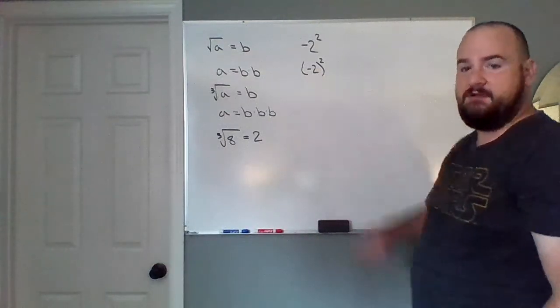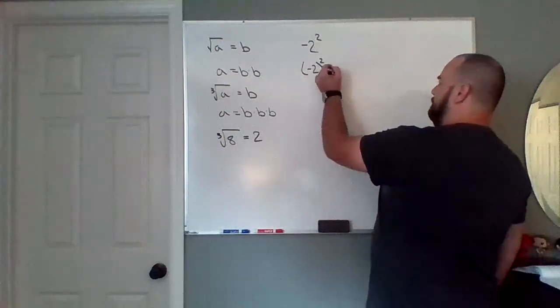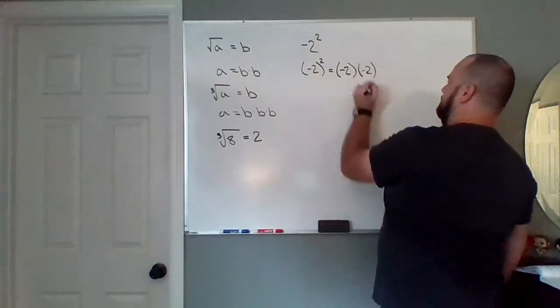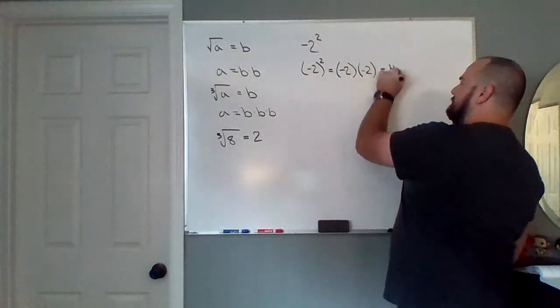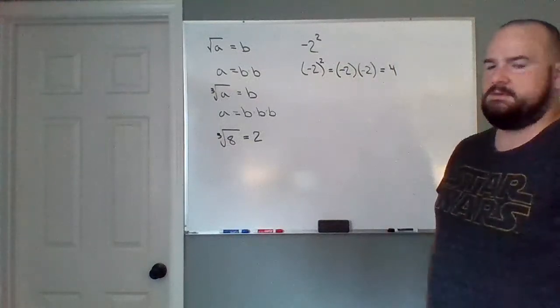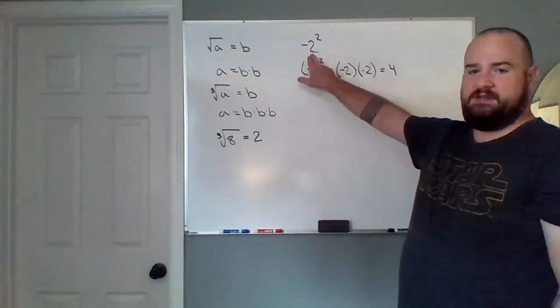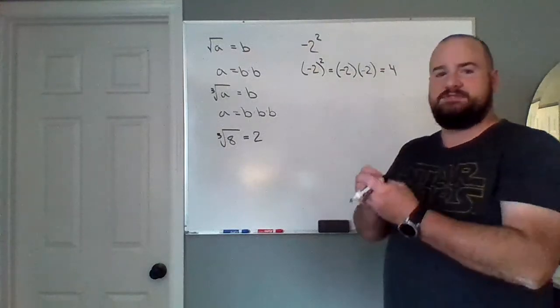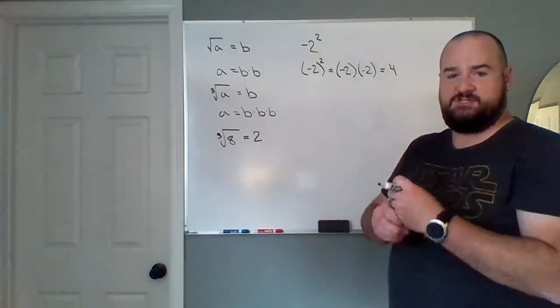This, in our calculator and in mathematics, is interpreted as negative 2 times negative 2, which gives us 4. But the way this is interpreted is we have to think about the negative sign a little differently. We think of it as almost a multiplier of that 2.